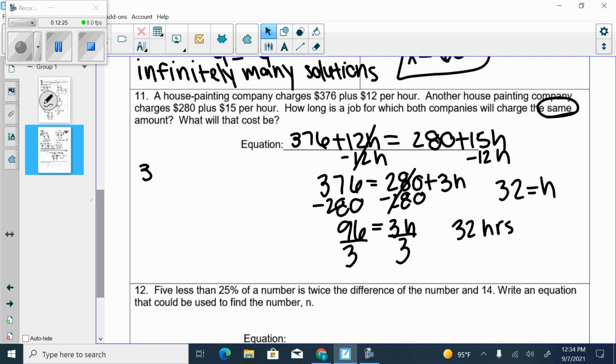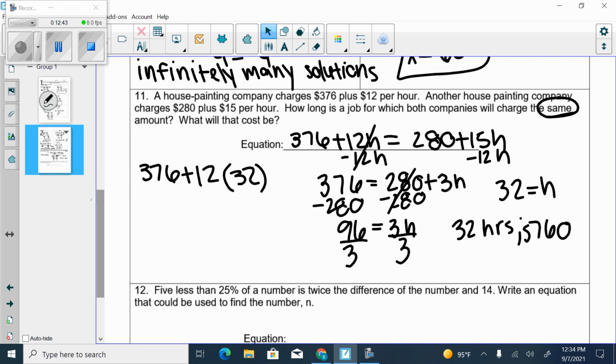So maybe I plug in the first one, 376 plus 12 times 32. And what are we going to get? 760. Right? Yeah. So it would be $760 and 32 hours would be our two answers there.